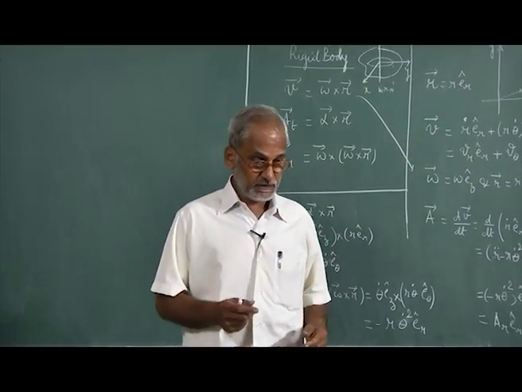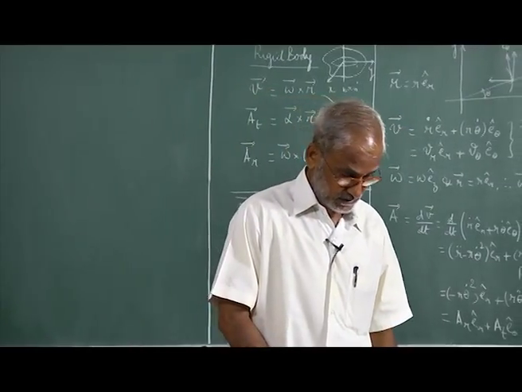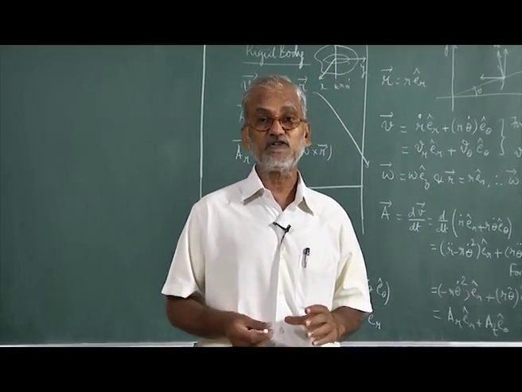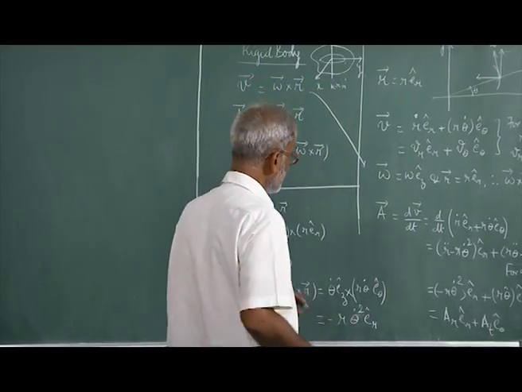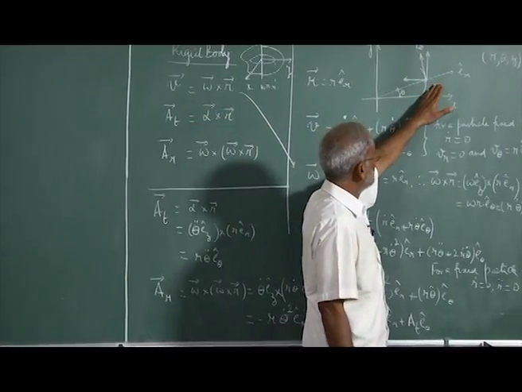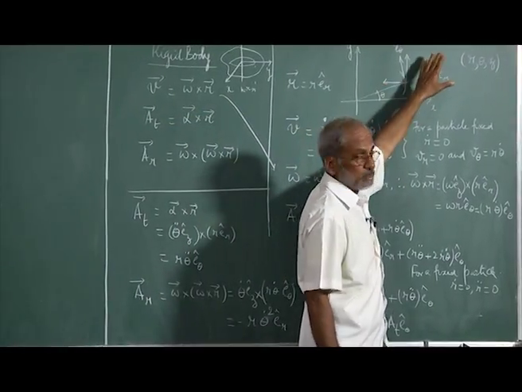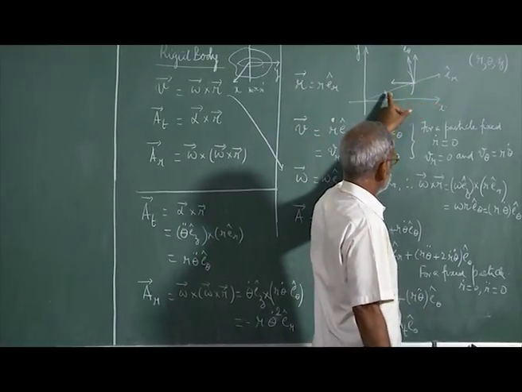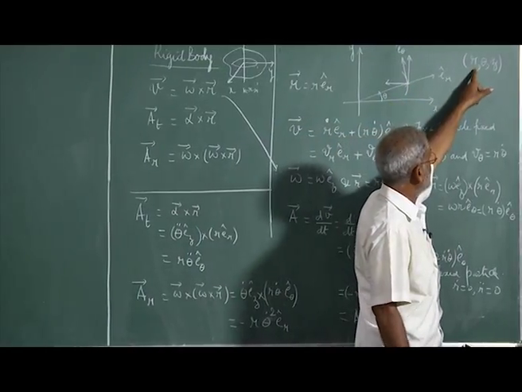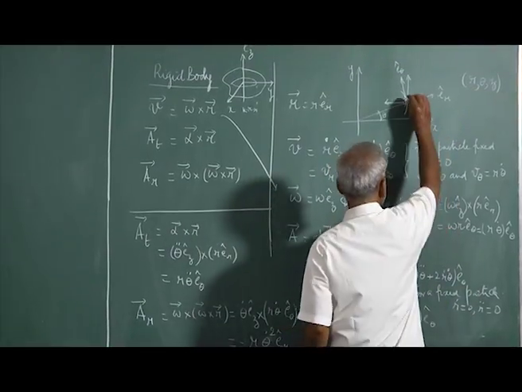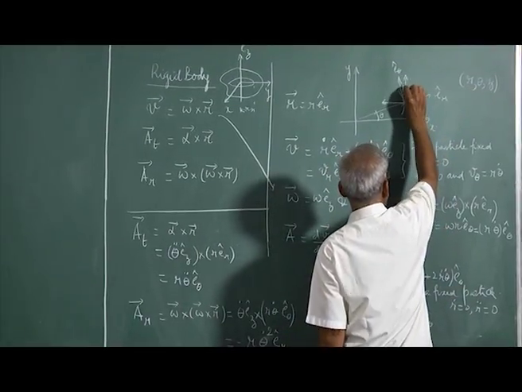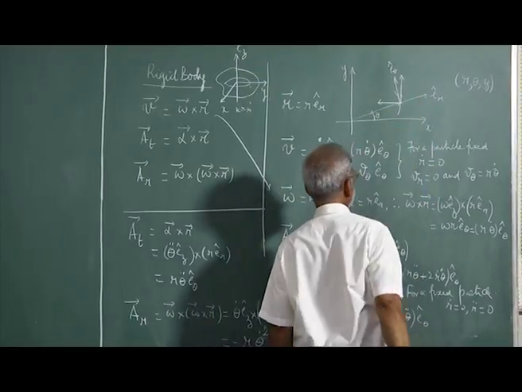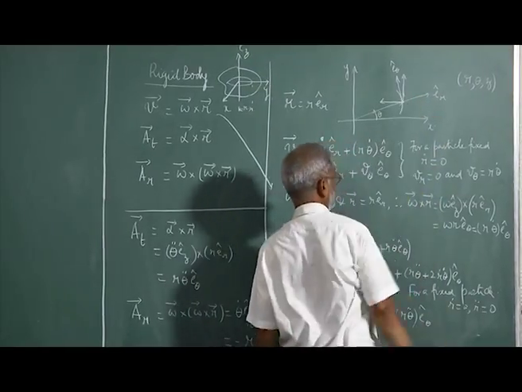However, you would have studied earlier the motion of a particle in 1 dimension and 2 dimensions. Suppose I consider the motion of a particle in 2 dimensions. The particle can go anywhere, therefore this distance r, the radial distance, can change, and this is the theta vector, the direction of theta once you rotate from here to here.